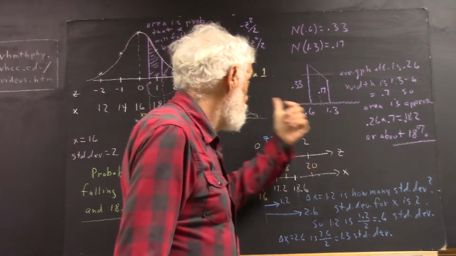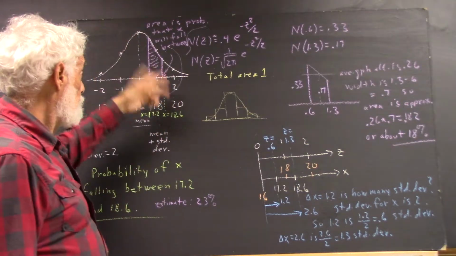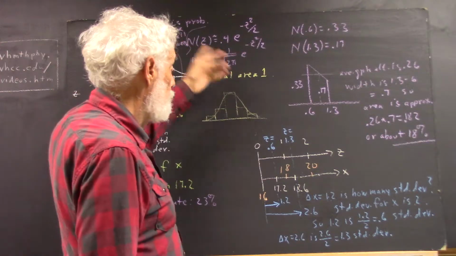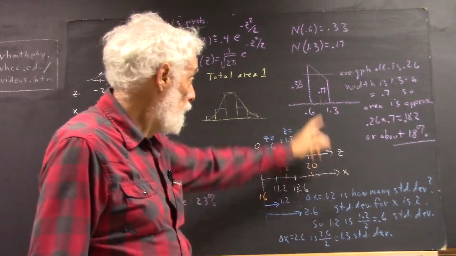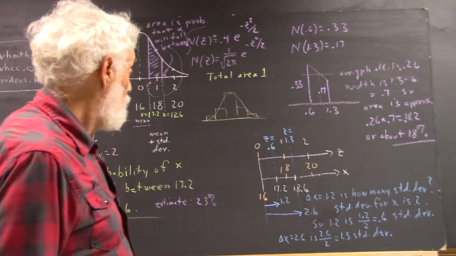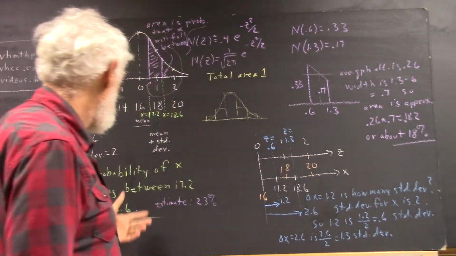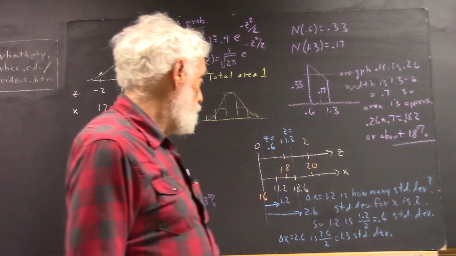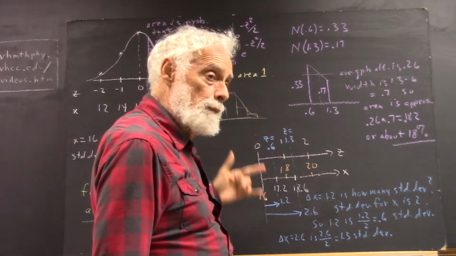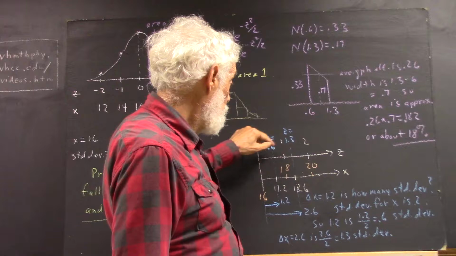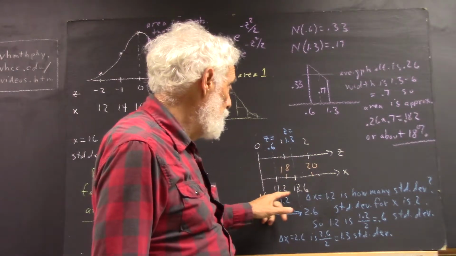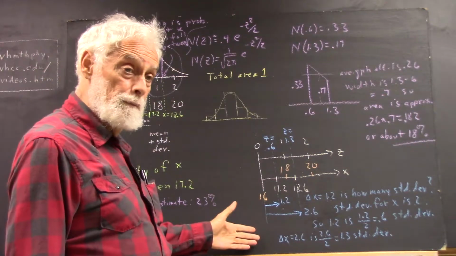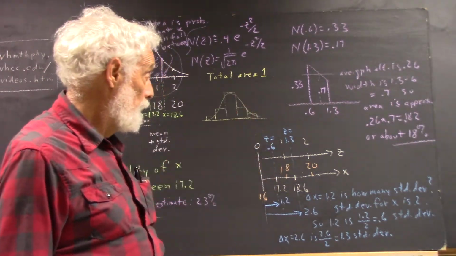Okay, well, that's an illustration of normal curve, the meaning of an area under the normal curve, formula for the normal curve, calculating an area under the normal curve, estimating an area, eyeballing it, and then how we might reason out the number of standard deviations any particular number on the x-axis is from the mean, and that would be the z-axis.